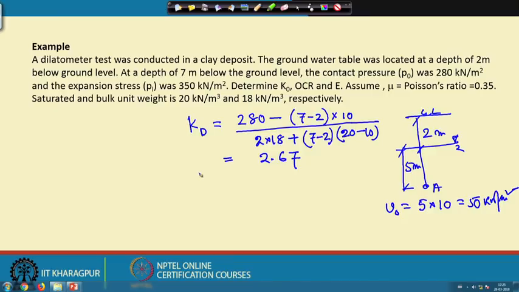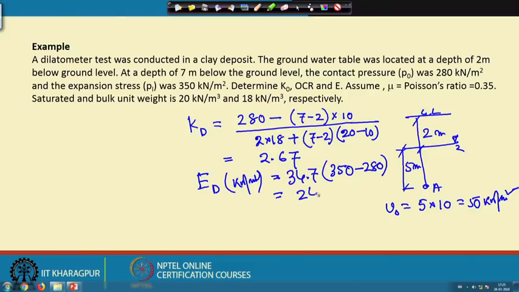Similarly, the Ed value in kilonewton per meter square, if I put this expression, will be 34.7 into 350 minus 280, and this will give you 2429 kilonewton per meter square.